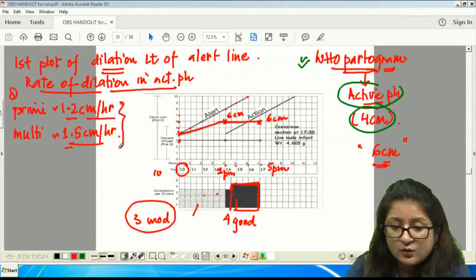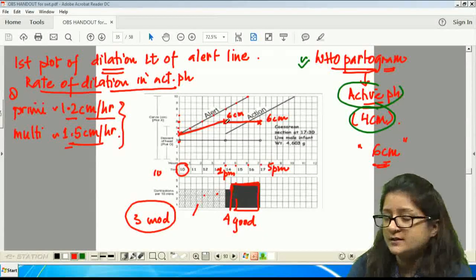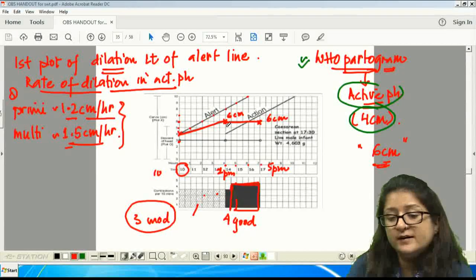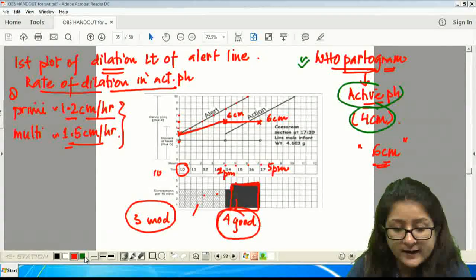She failed to progress like that, and so the alert line was crossed. Once the alert line was crossed, let's say we started oxytocin to increase the contractions, and we were able to achieve 4 good contractions.